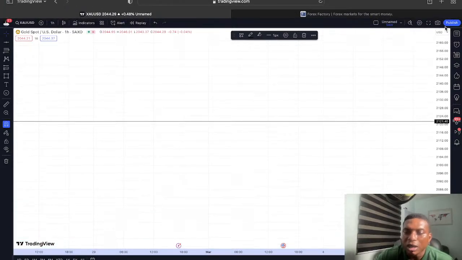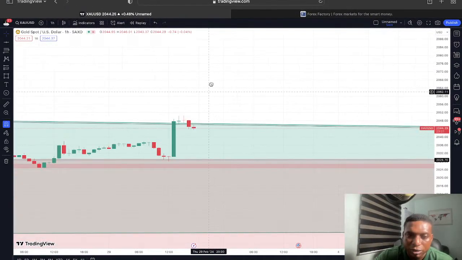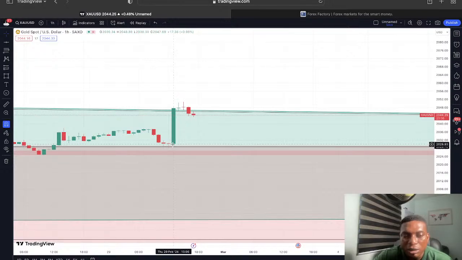Now, this is a 1 hour time frame. You can see on the 1 hour time frame how the buy momentum pushed price up around 1 p.m. West African time, and we saw price rally at this level.